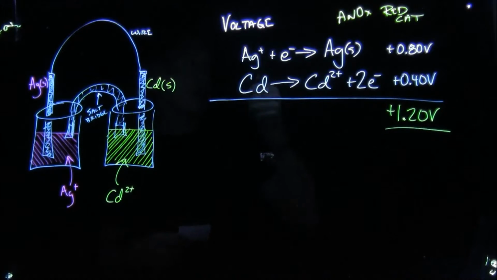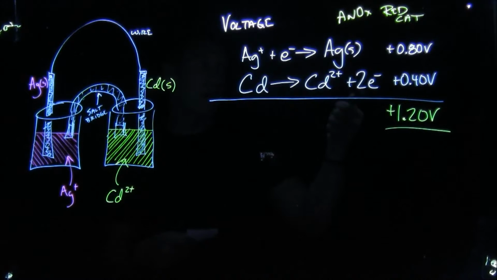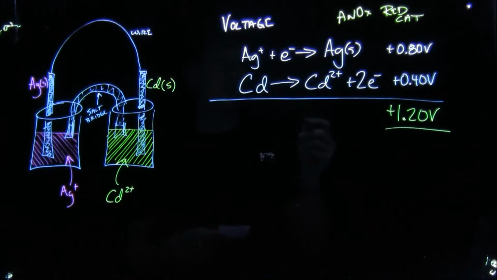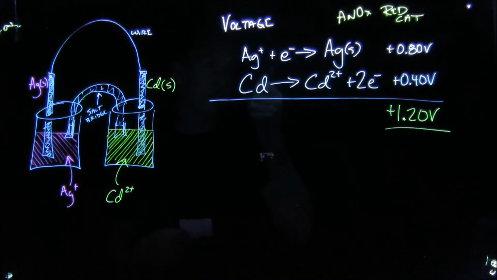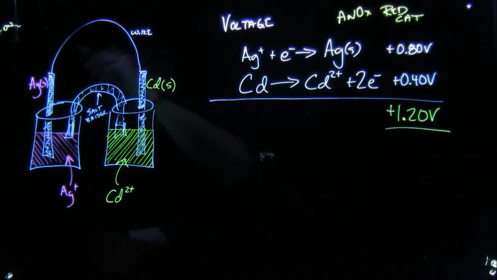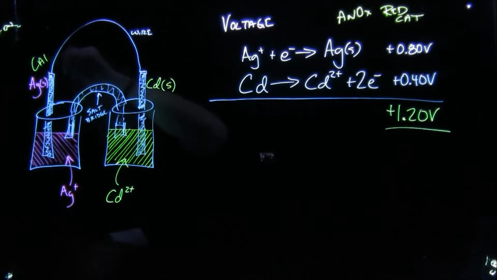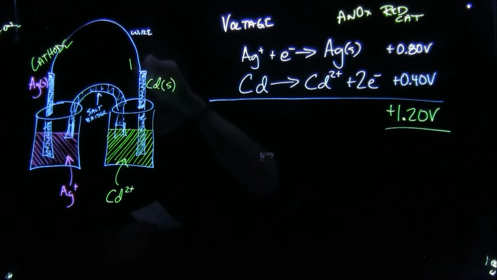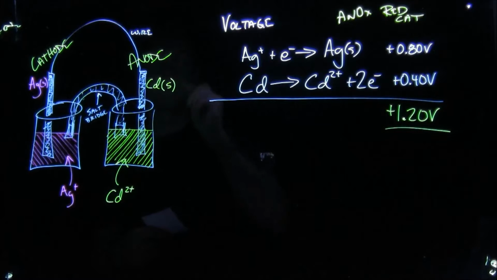But regardless, we got cadmium cranking out electrons. We got silver taking in the electrons. So that means that silver is the cathode and that the cadmium is the anode.